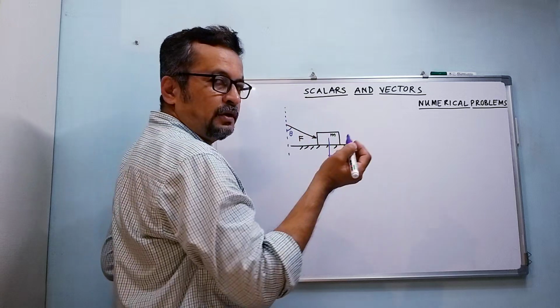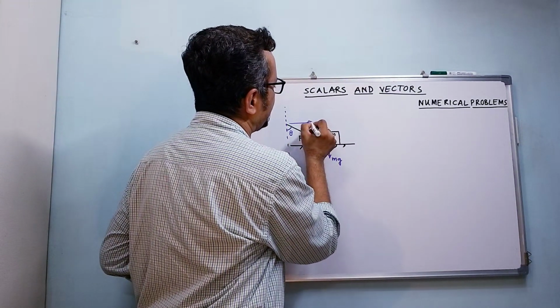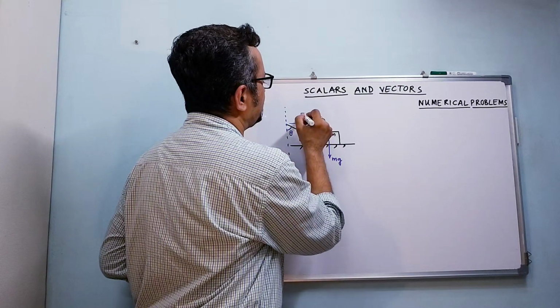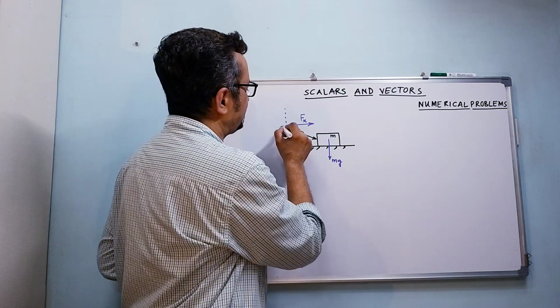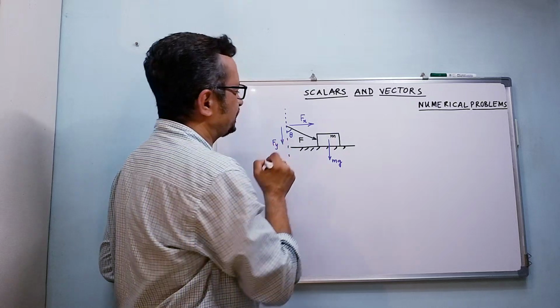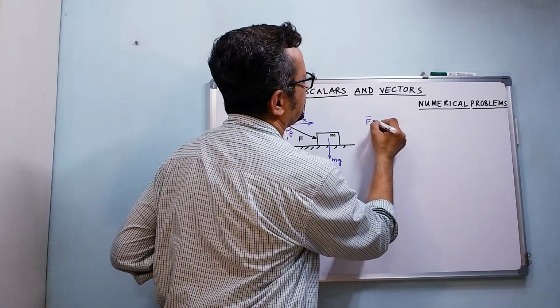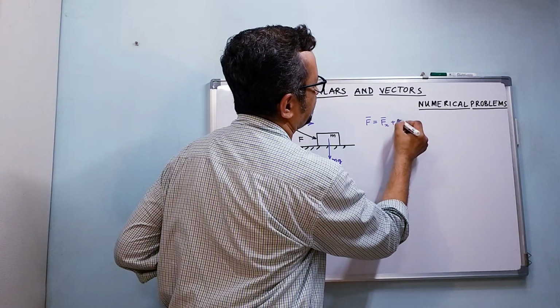Okay, so now let us resolve this force into horizontal and vertical components. My horizontal component I'll call Fx, and this is my Fy, so that my F bar is equal to Fx bar plus Fy bar.